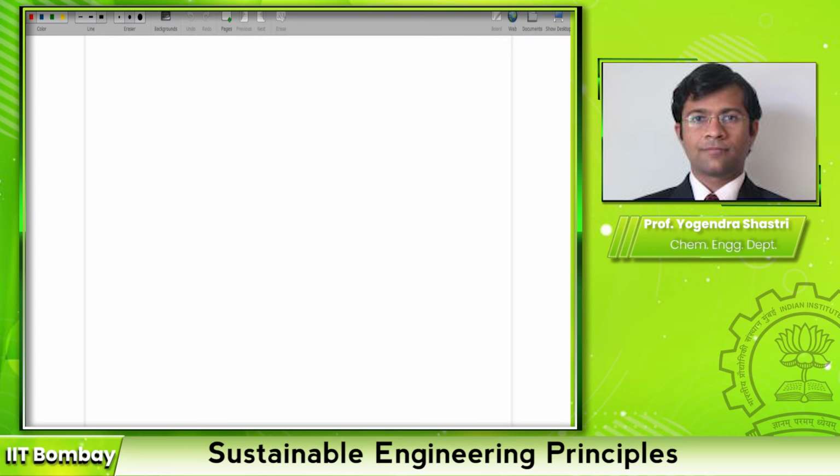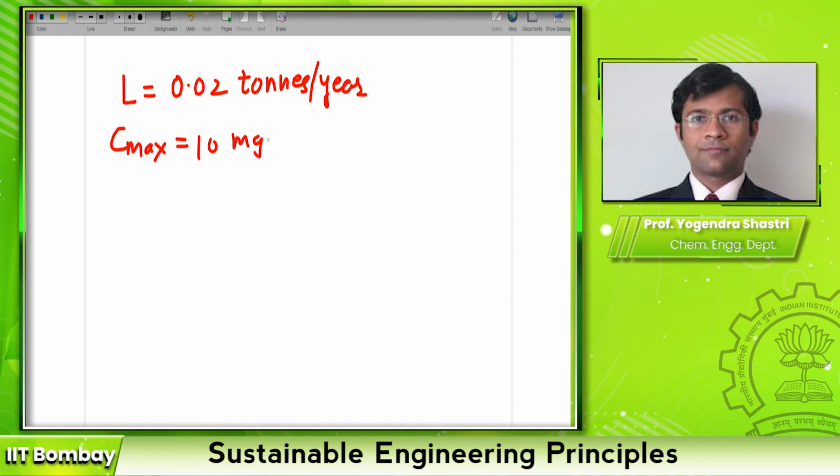So as I have already said, L is 0.02 tons per year. C max is 10 mg per liter, and C nat, which is the natural concentration, is 0 mg per liter.